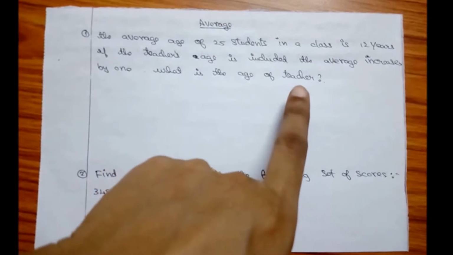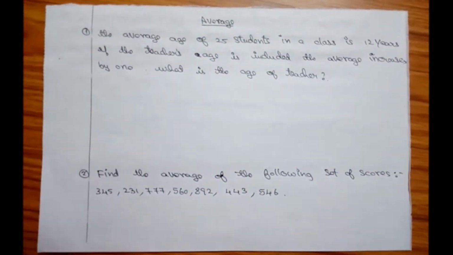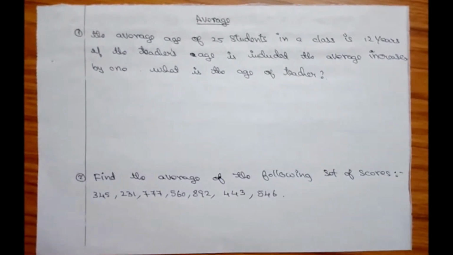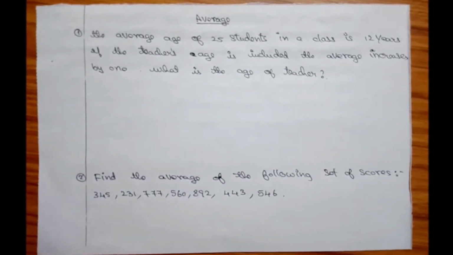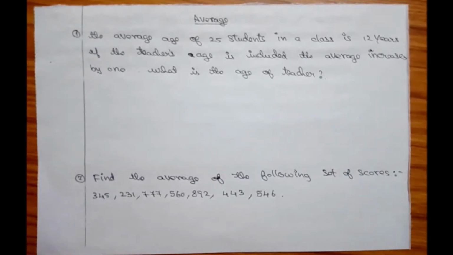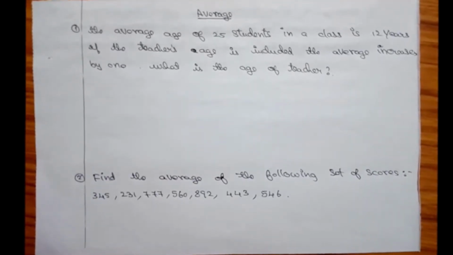What is the age of the teacher? So how can we deal with this problem? See, they have given the number of quantity and the average, so you have to find the sums of quantity and subtract them. Then you will get the age of the teacher.